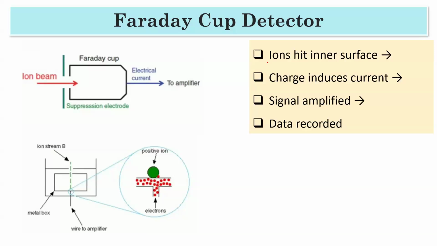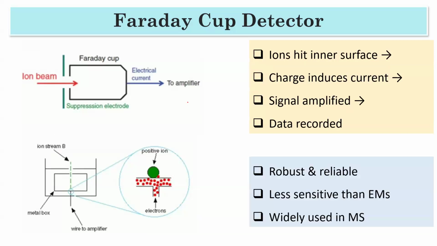So what is the principle? First, the ion will hit the inner surface, and then the charge will induce current. The signal will be amplified, and then the data will be recorded. Just a simple process. Though it is robust and reliable, its sensitivity is not so high because we are not using much amplification, I will explain what I mean by amplification.